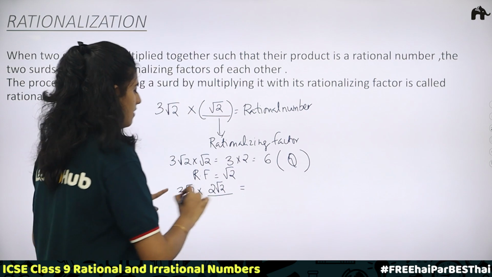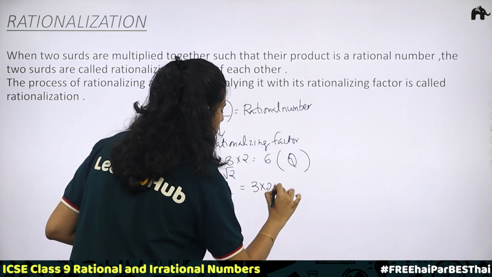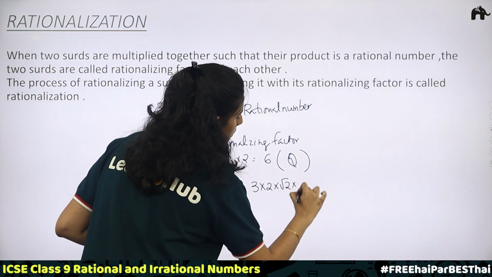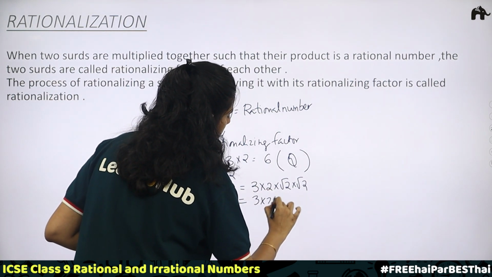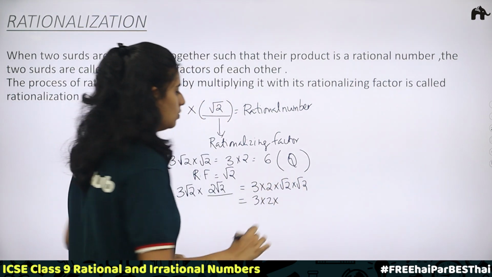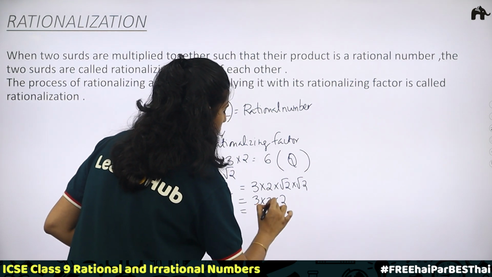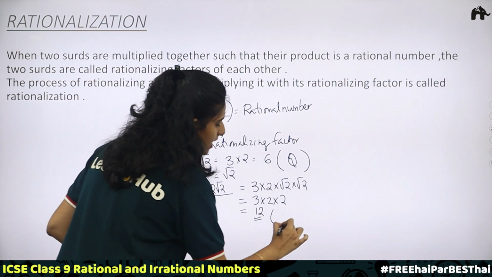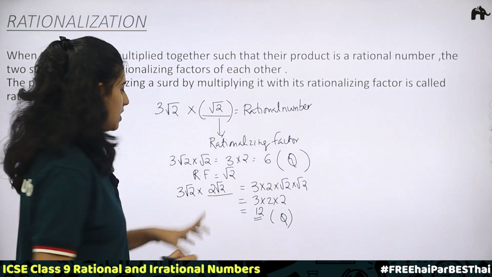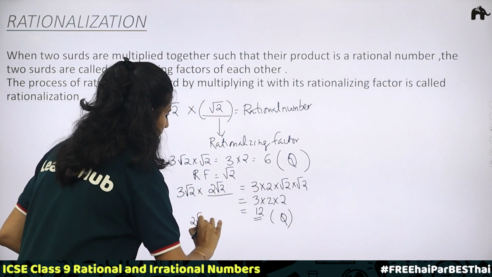Then what do we get? We get 3 into 2 into root 2 into root 2, which is 2. 3 2s are 6, 6 2s are 12. Again 12 is a rational number, and we can say that 2 root 2 is a rationalizing factor.